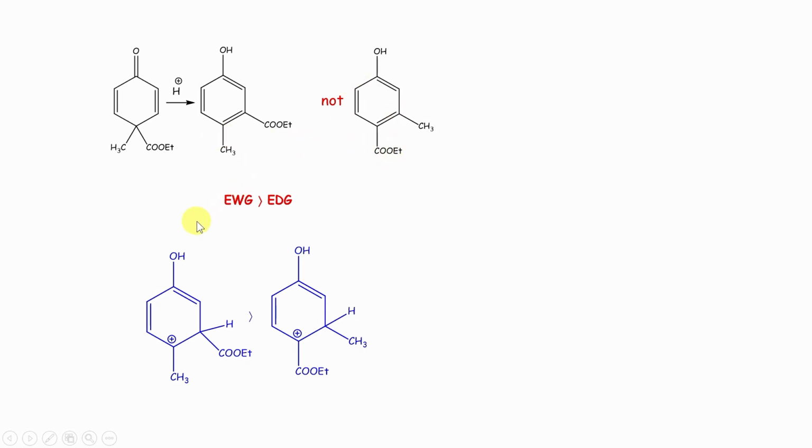And so we can say when there are electron withdrawing and electron donating groups as the migrating groups in a dienone, only the electron withdrawing group shifts to form the corresponding phenol in dienone-phenol rearrangement.